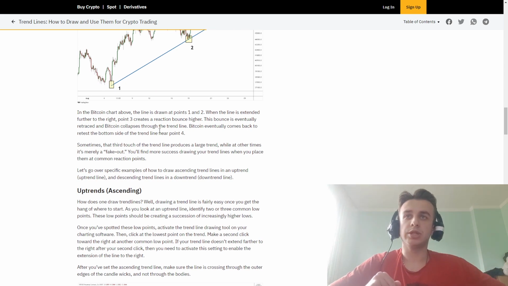In this Bitcoin chart above, the line is drawn through points 1 and 2, and then extended into the future to the right. Point 3 shows a reaction higher. These bounces are the immediate reaction before Bitcoin collapses through the trend line. Bitcoin eventually comes back to retest the bottom side of the trend line near point 4.